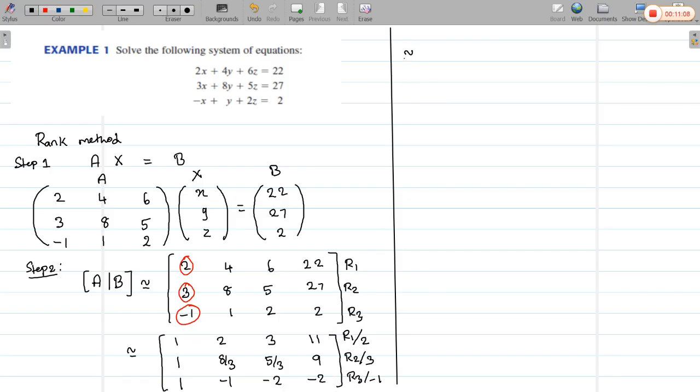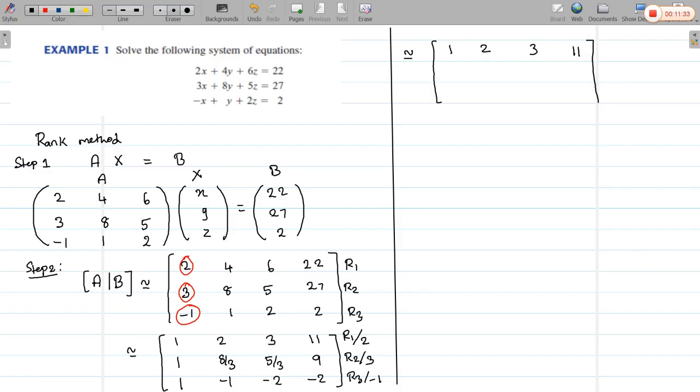The next step, keep the first row as it is. No change in the first row. Till the end of the problem, we are not going to disturb the first row. It will be the same as what we get in the second step. So 1, 2, 3, 11.